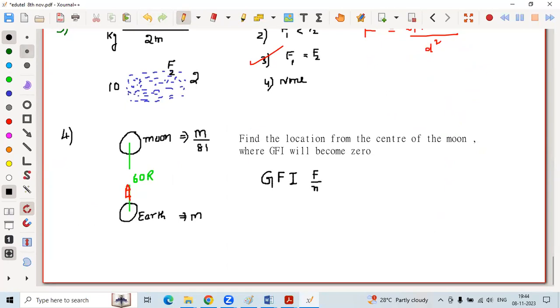F by m is equal to G source mass by distance square. This is gravitational field intensity. You can also call it gravitational field strength.